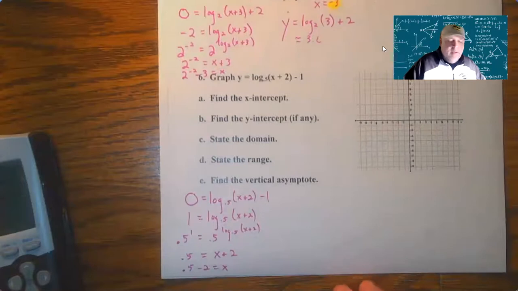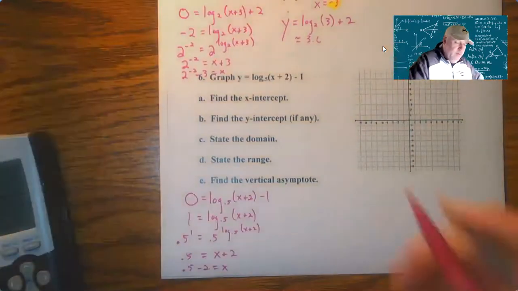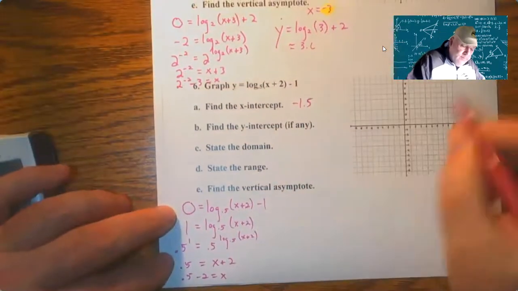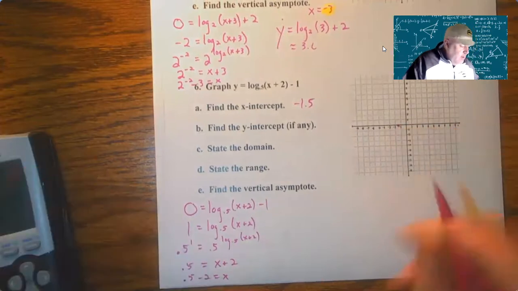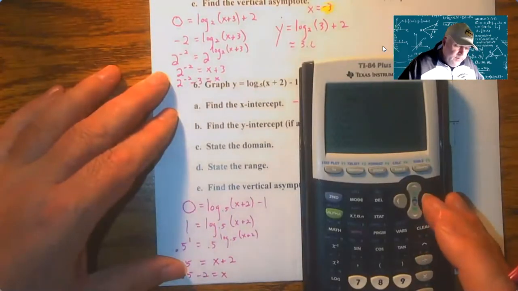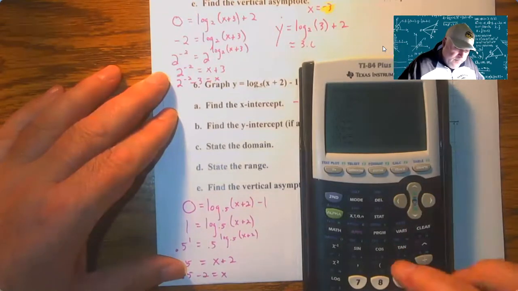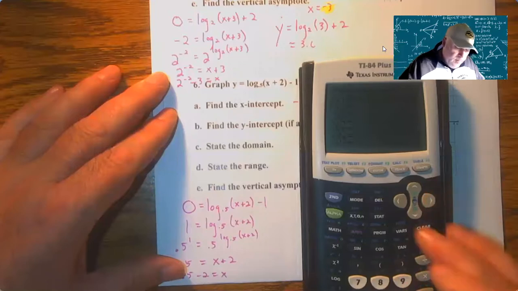So that's going to be -1.5 for the x-intercept. And let's get a quick little look here at this. So this will be x plus 2, and this will be 0.5, and then -1.